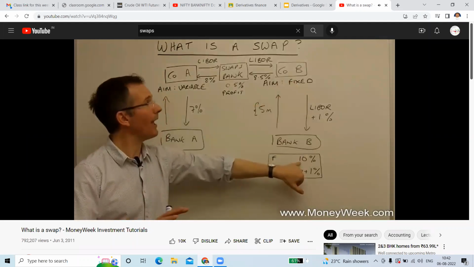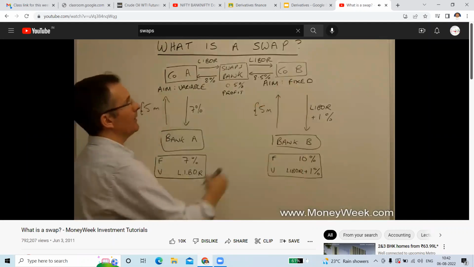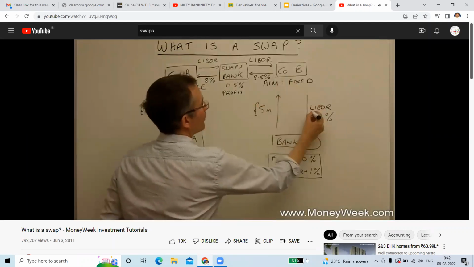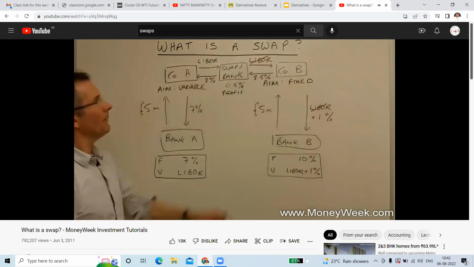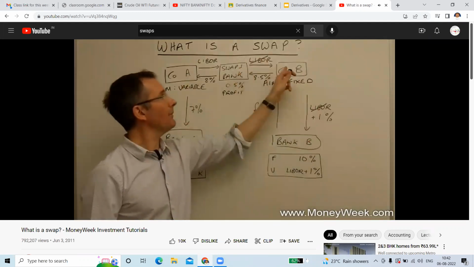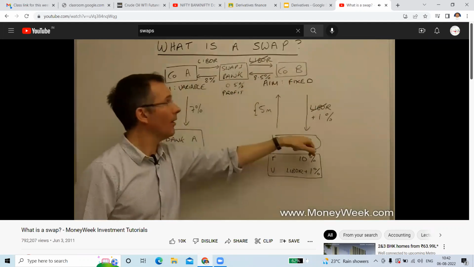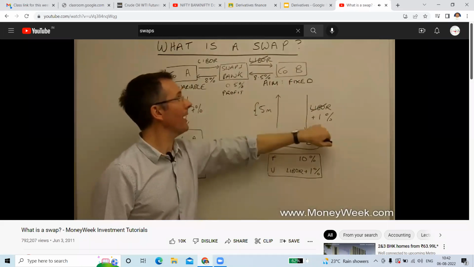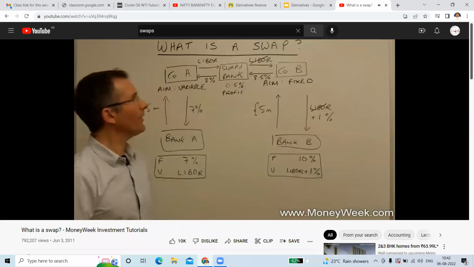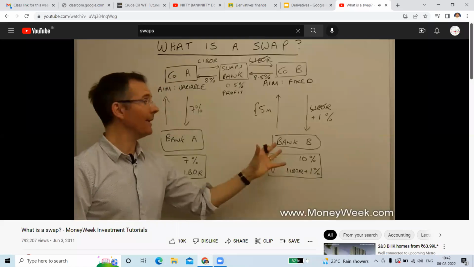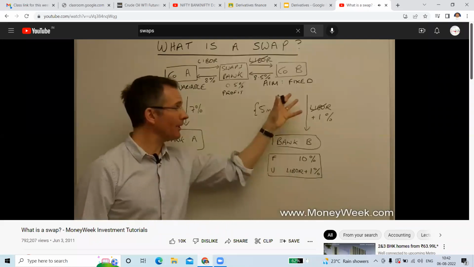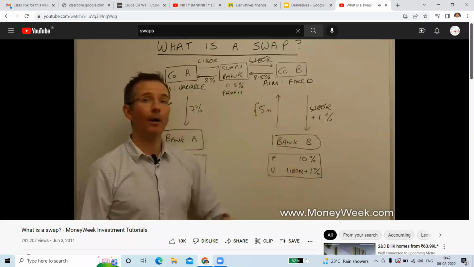With the swap, look what's happened. Basically, LIBOR cancels. Because whatever LIBOR is, it comes into company B on 5 million and goes out on 5 million, leaving plus 1%. So what is company B effectively paying on its original 5 million loan from bank B through a combination of the interest agreement with bank B and the swap?